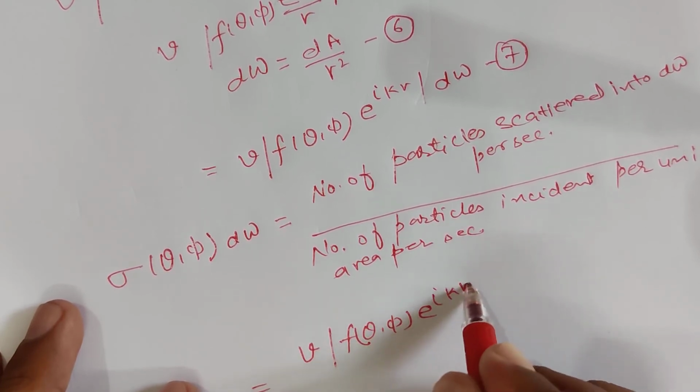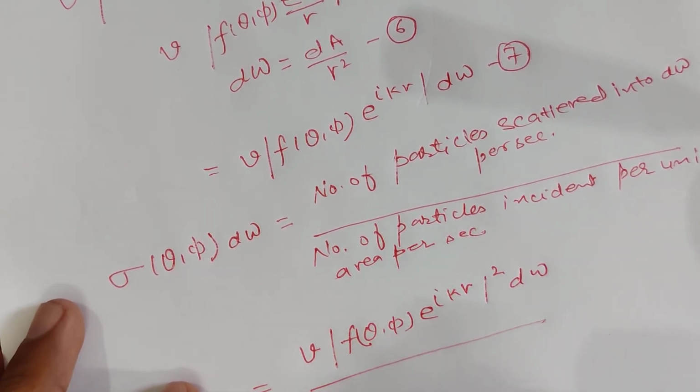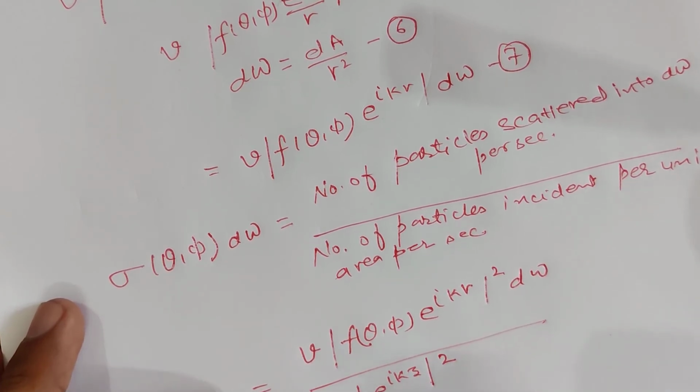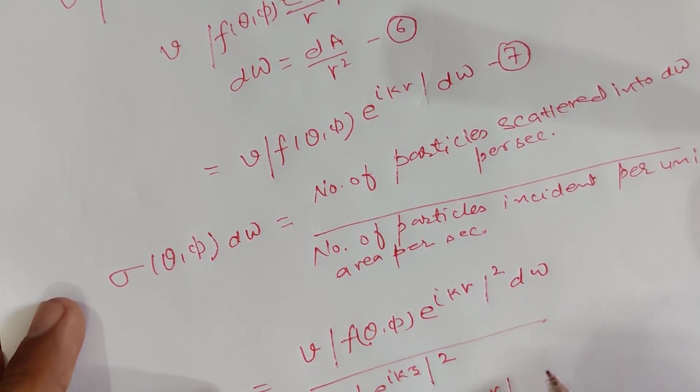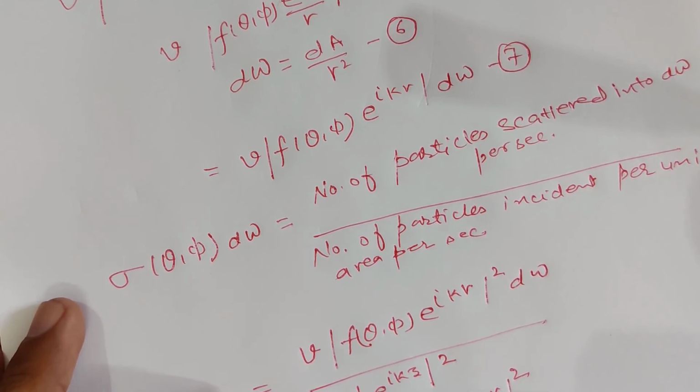V |f(theta, phi) exponential iota kr| square d omega upon V |exponential iota kz| square, or this equals |f(theta, phi) exponential iota kr| square upon |exponential iota kr| square. This is r.